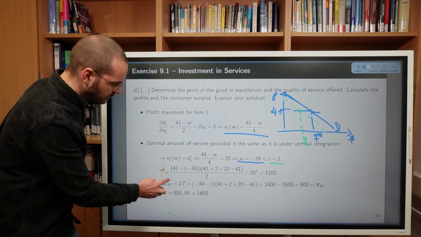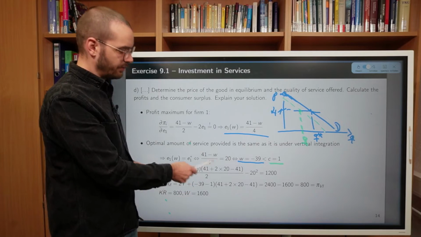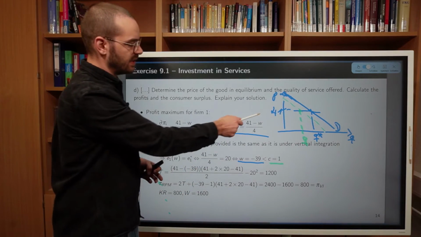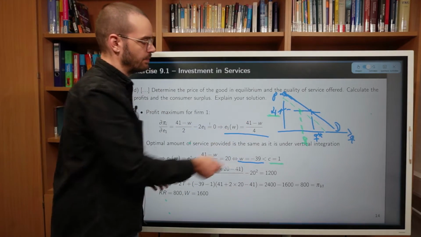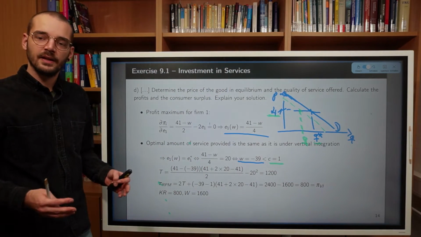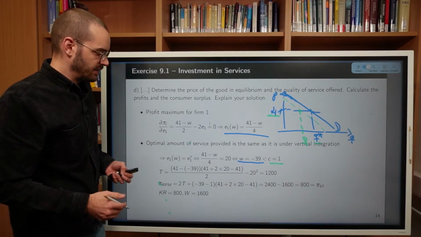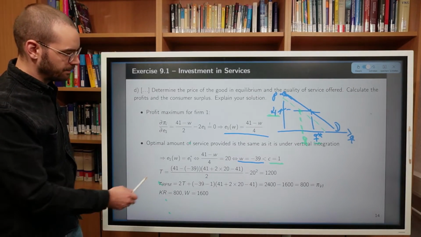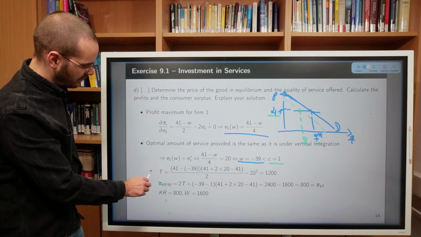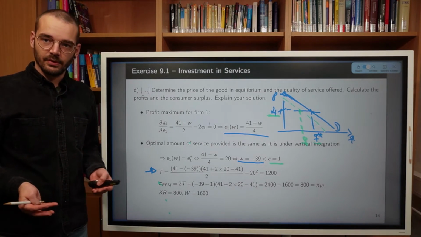Because for this given wholesale price, this given price on the market, and the resulting quantity the downstream firm is selling, downstream is making profits. And just as we saw earlier, the upstream firm can extract these profits from the downstream firm.